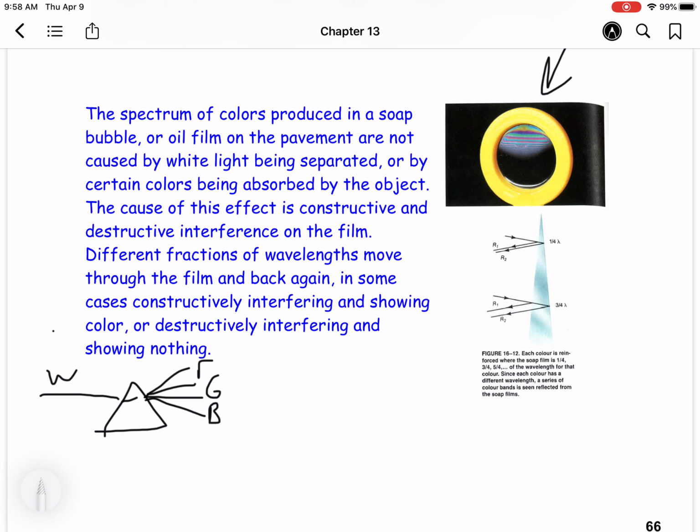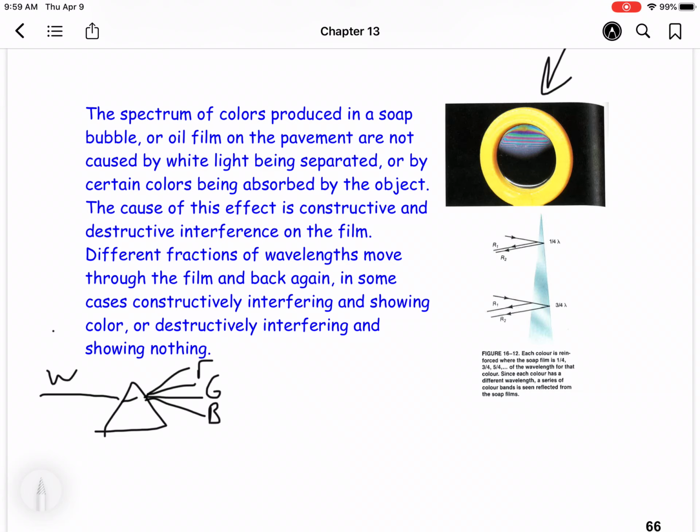The wavelengths are going to constructively or destructively interfere. So this is not diffraction of light. This is superposition and constructive and destructive interference.